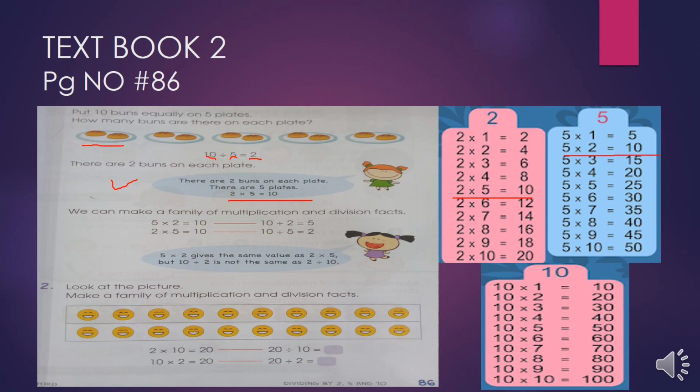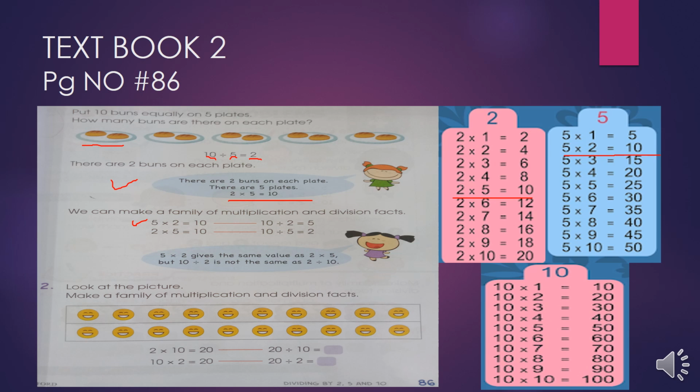Now we can make a family of multiplication and division facts. This is how we make multiplication and division facts. About the previous question, we made a multiplication equation on page 85: 5 multiplied by 2 is equal to 10.